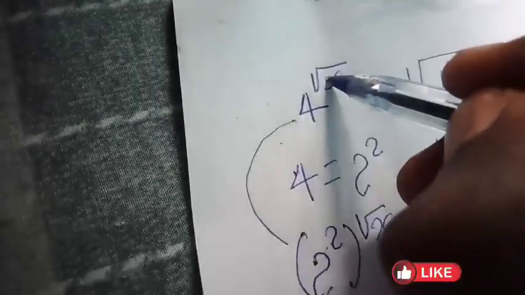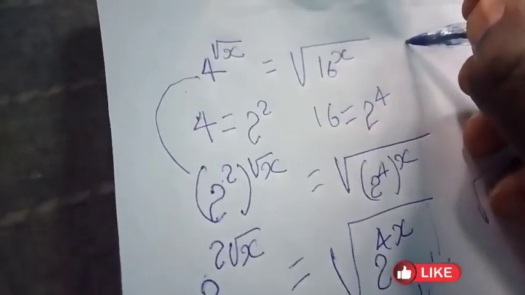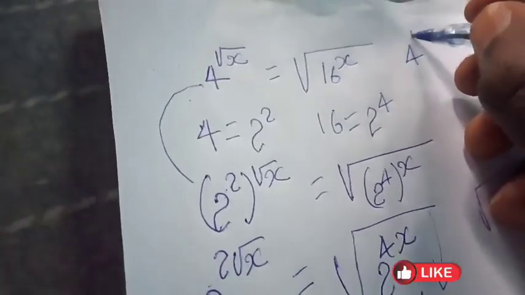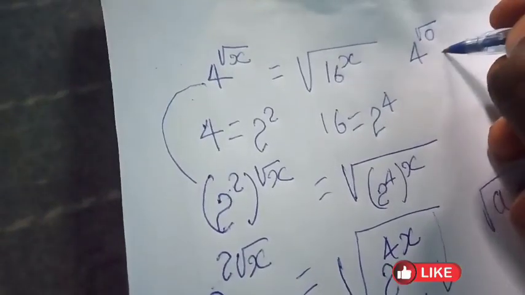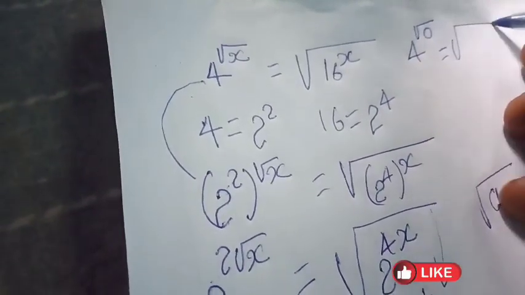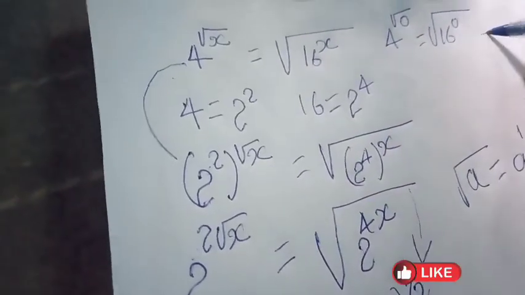Check it. 4 to the power of radical x, which means radical 4 to the power of radical 0, is equal to radical 16 to the power of 0.